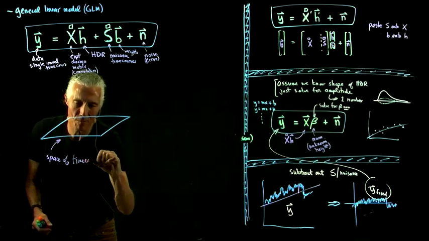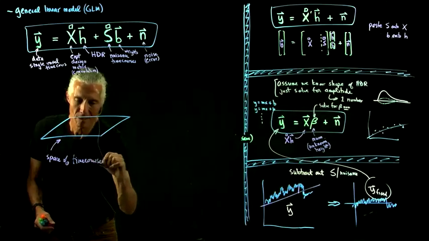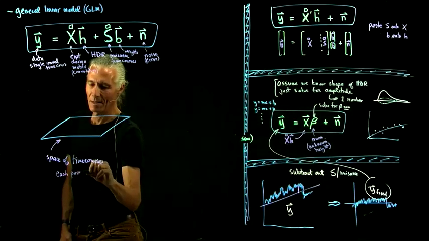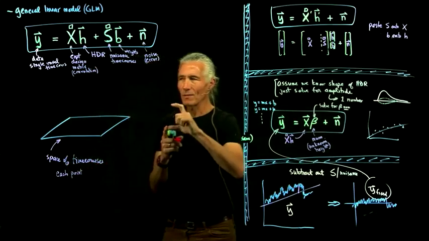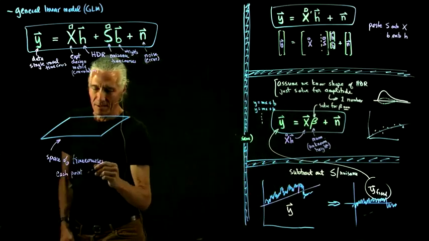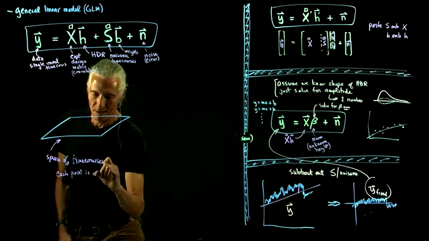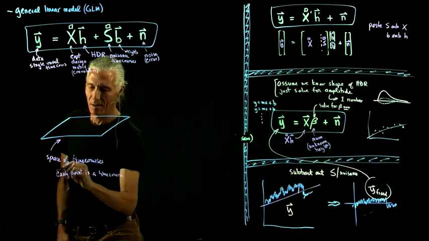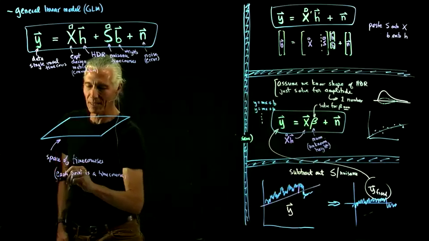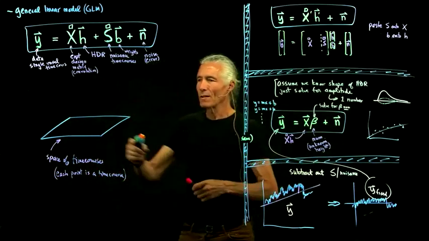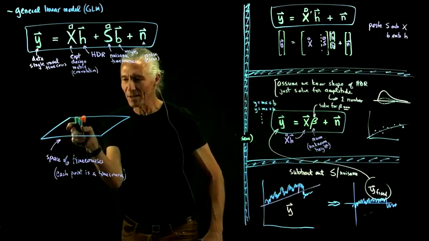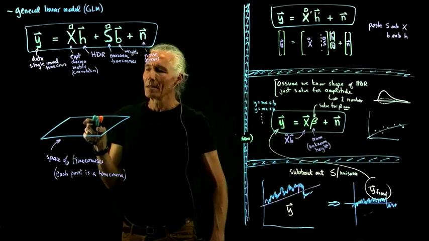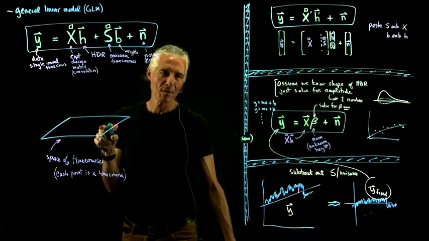So what it means is that each point in this space, which you can sort of think of as a vector to that point, each point is a time course, a different time course. That's what it means to be a space of time courses. And so there's a whole bunch of different places in there. You can have vectors to all different places in there. And each one is a different possible time course.